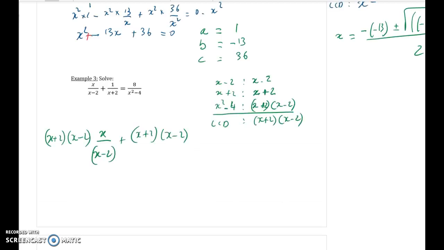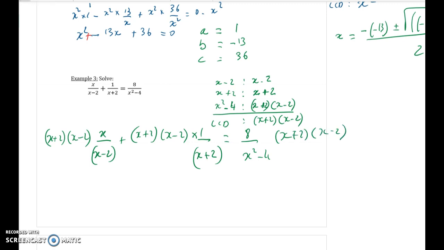So x plus 2 times x minus 2 multiplied by 1 over x plus 2 equals 8 over x squared minus 4 multiplied by x plus 2 times x minus 2.